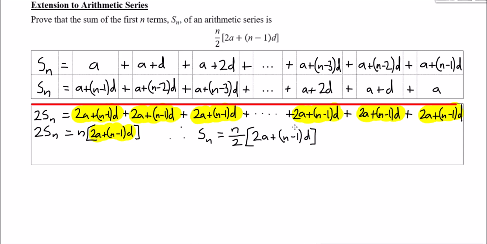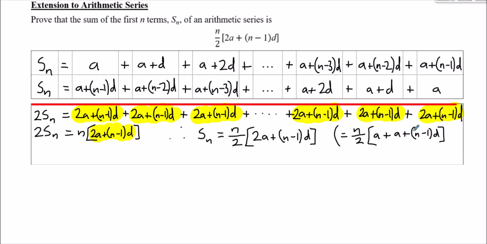Now, another way we can think of this is if I just were to partition what's inside these square brackets. So I've got n over 2, then a plus n minus 1 lots of d.